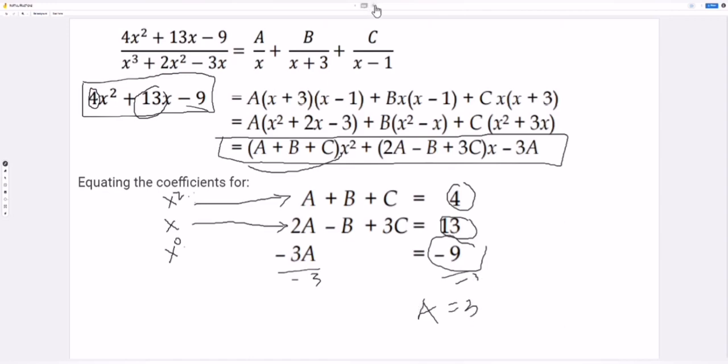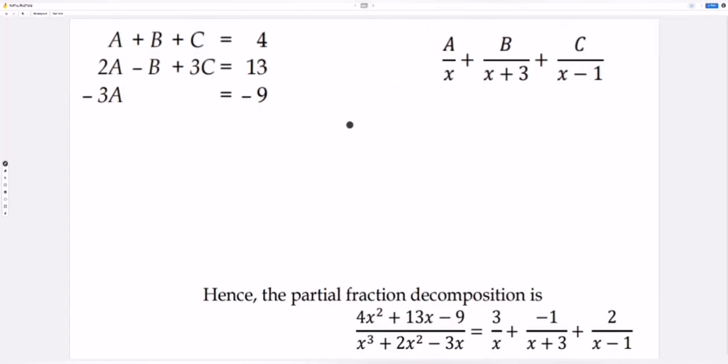So again, our a is equal to positive 3, and then all you need to do is substitute the value of a here, and also here, and then use elimination or substitution in order to solve for b and c.